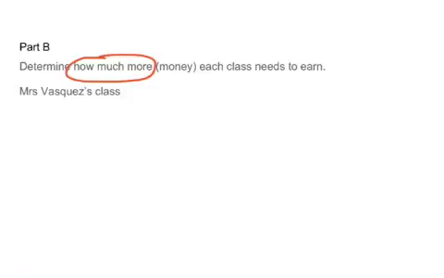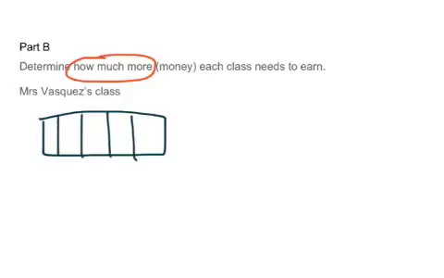Let's think back to Mrs. Vasquez's class. If I think about the model, it's a model of 2/5. In Mrs. Vasquez's class, the entire model would represent their goal, and their goal was $300. If we're using 40% or 2/5, we need to understand what each of these sections is worth.